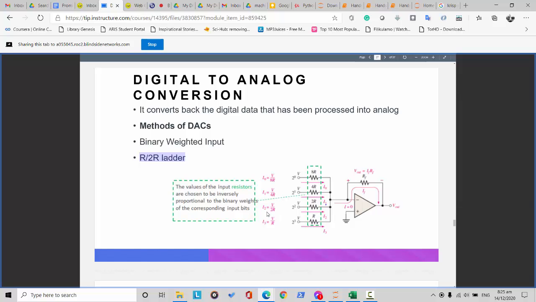And then I2 is equal to voltage over 2R. And then I3 is equal to voltage over R. Now, the output voltage can be computed from the final current and the final resistance. So that will be the output voltage.